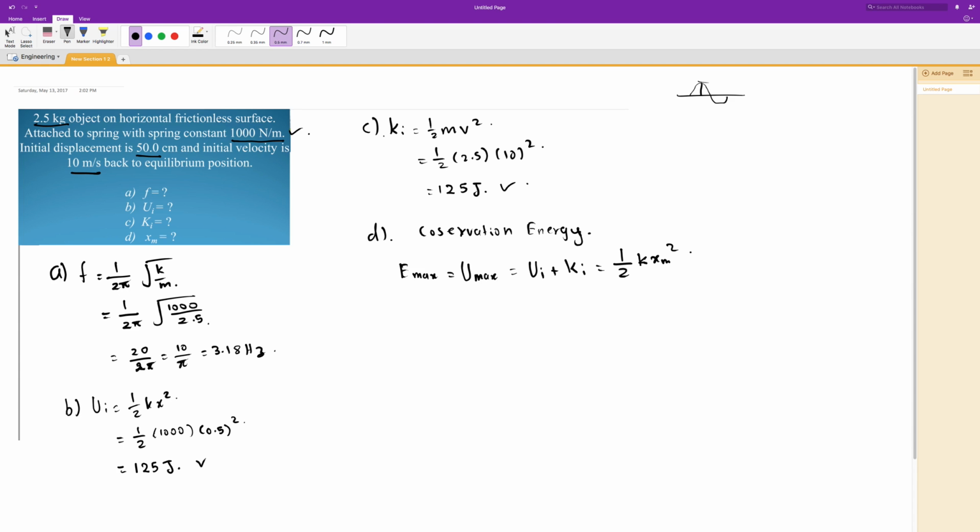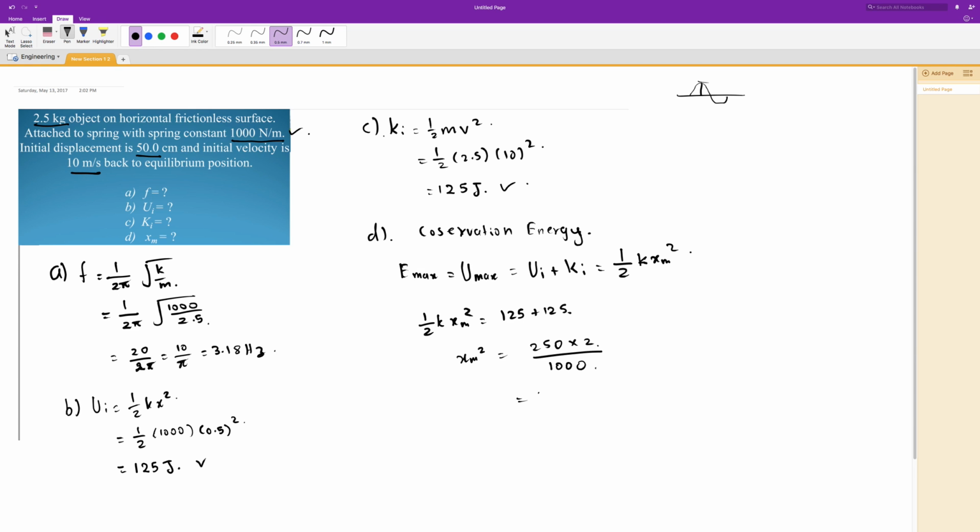So let's rearrange this equation a little bit. Half k xm square is going to be equal to 125 plus 125, and if I rearrange this, xm square is going to be equal to 250 times 2 divided by k, that is 1000, so I directly put 1000 right here.